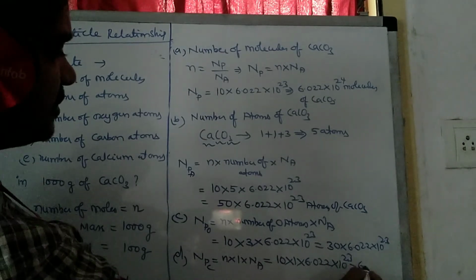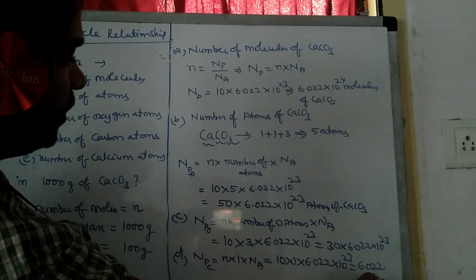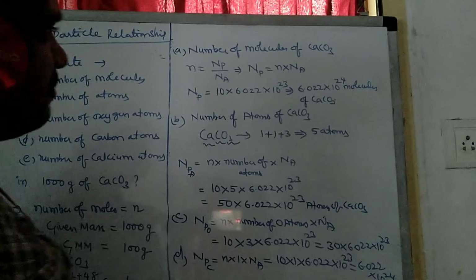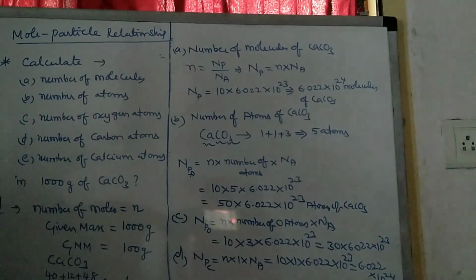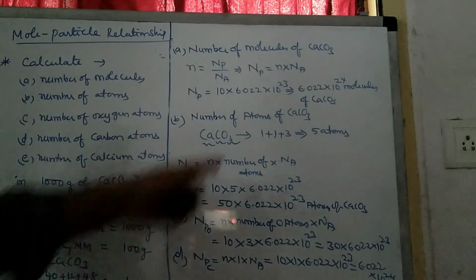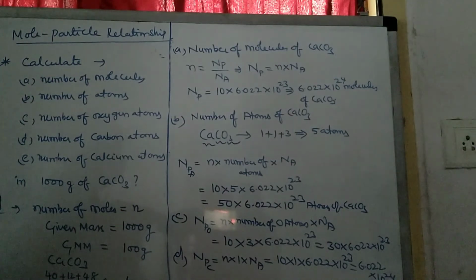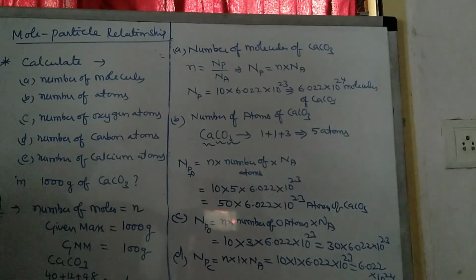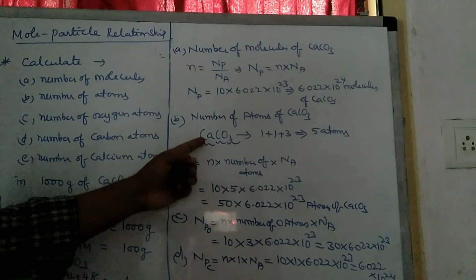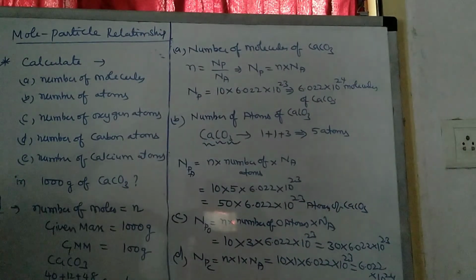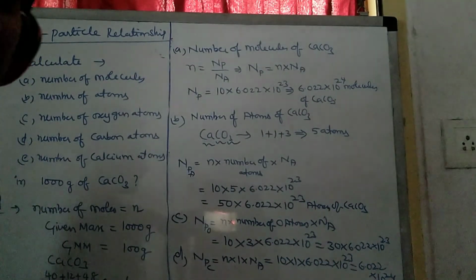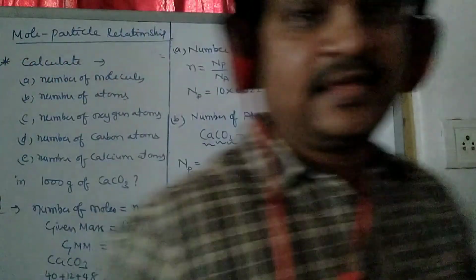What will we get? 6.022 into 10 power 24, the same as the number of molecules of CaCO3. Like this we can calculate the number of calcium atoms also, because calcium is also 1, so we get the same number. Hope that you understand the concepts very clearly.